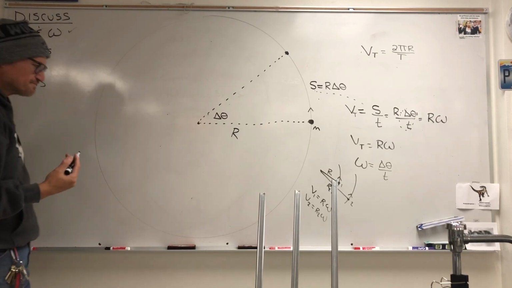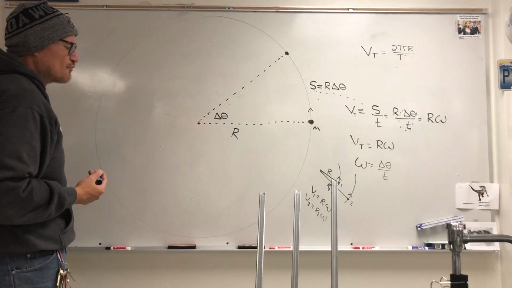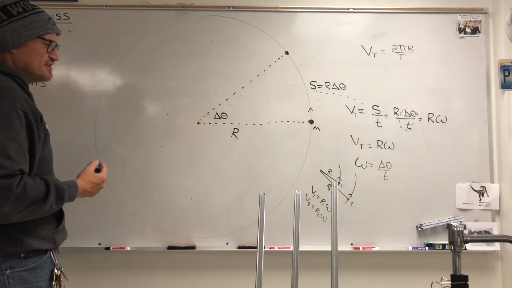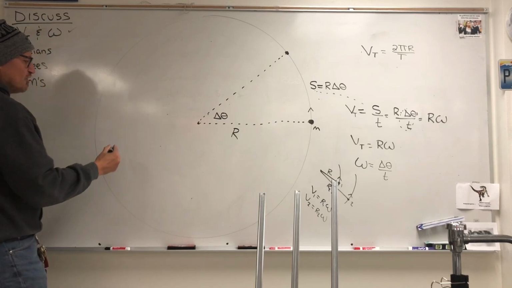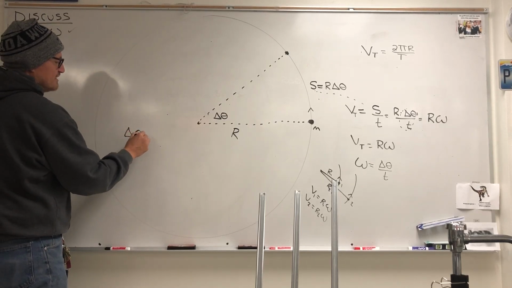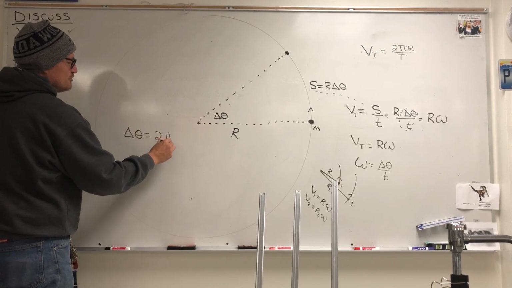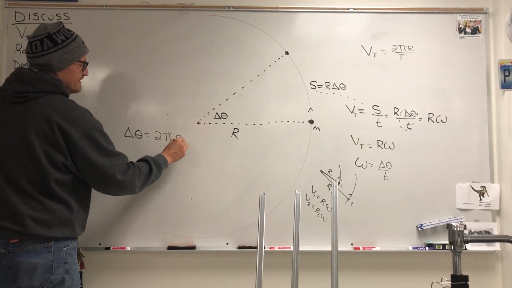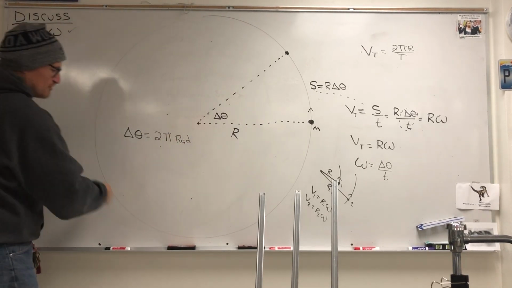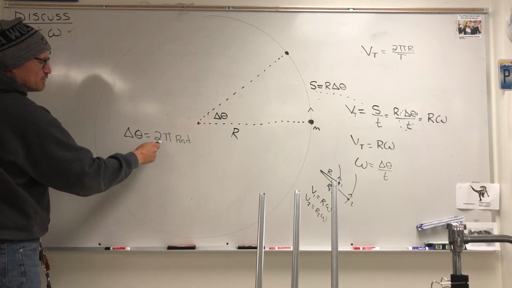Now, radians. Radians is talking about a different kind of measure. What we know is that delta theta is equal to 2 pi radians. So once around the circle, delta theta to go all the way around, would equal 2 pi radians.